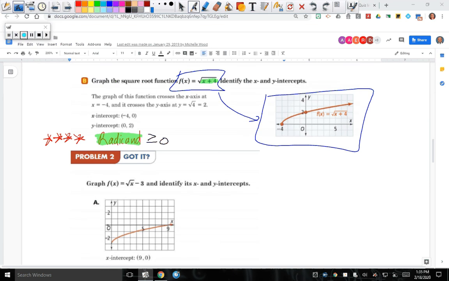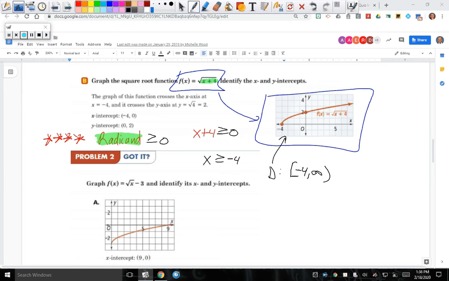So if I set x plus 4 greater than or equal to 0, this will find my domain. Sometimes it's way more involved than just this. If I solve for x, x is greater than or equal to -4. That makes sense because you're seeing that from -4 to infinity is the domain of the transformation.